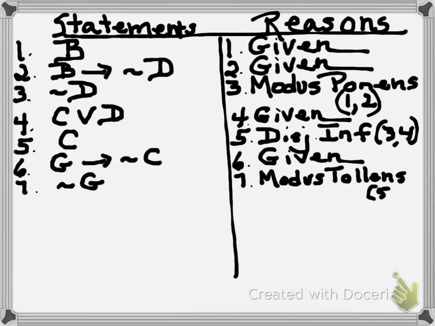Lines 5 and 6. Now number 8. I have G in this compound hypothesis. I can't get to it with number 7. So I'm going to leave number 7 just hanging there, and I'm going to pick it up later.